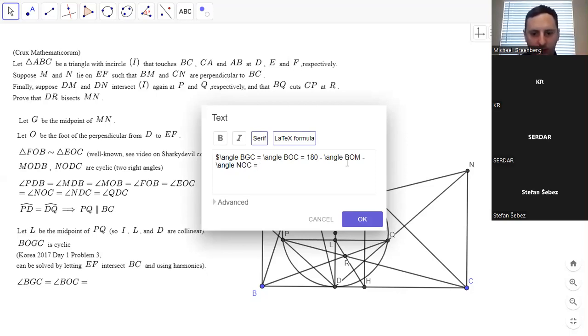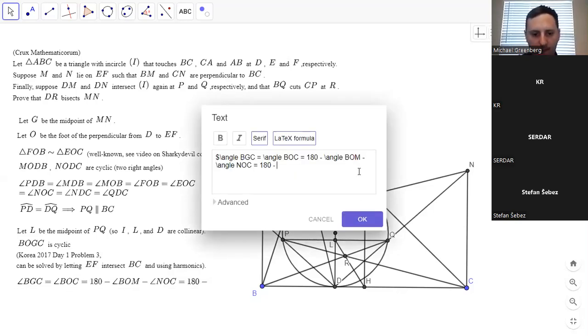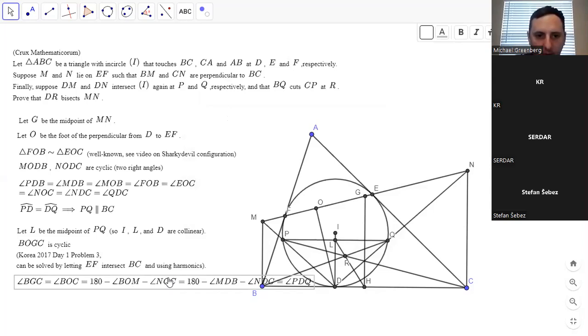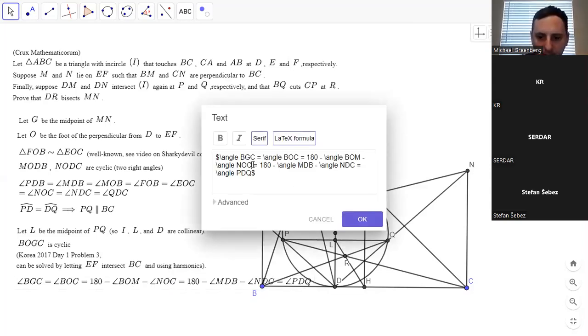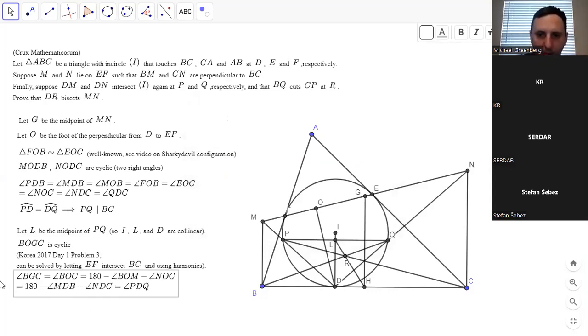That's 180 minus MDB minus MDC. And that's angle PDQ. Then those are both isosceles. So let me break this up. So PDQ is similar to BGC since both are isosceles.